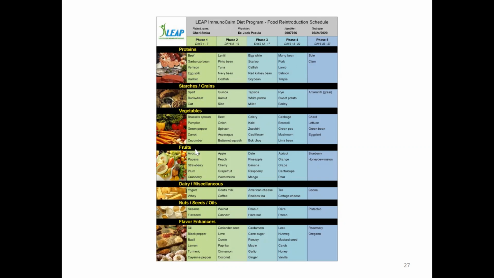So I have to concoct a meal plan that only includes these foods. Phase 2, which is days 8 through 12, I can now add all of these foods to phase 1. So that's a lot more options. And then you can see phase 3, you're adding all of these, phase 4, and then you get to phase 5, which is slightly different.